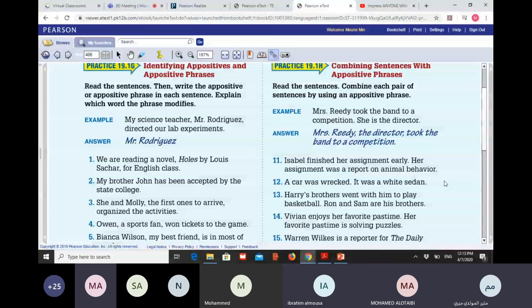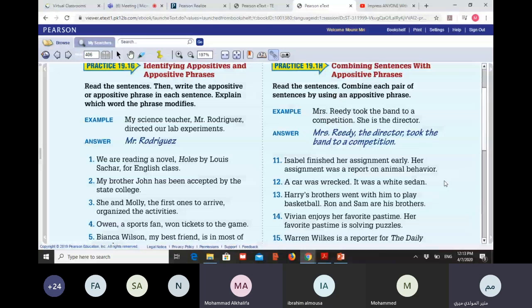I would read, teacher. Where is Naif and Wisr? Who wants to read, please? Me, teacher. Yes, please, Muhammad Khalifa. Read the sentences, then write the appositive or appositive phrase in each sentence.